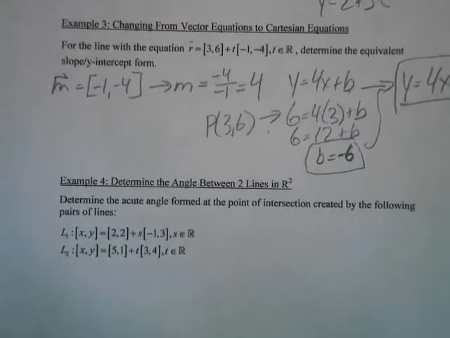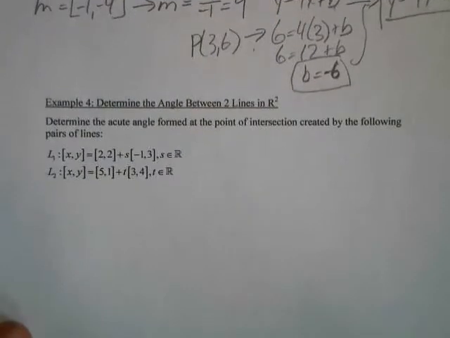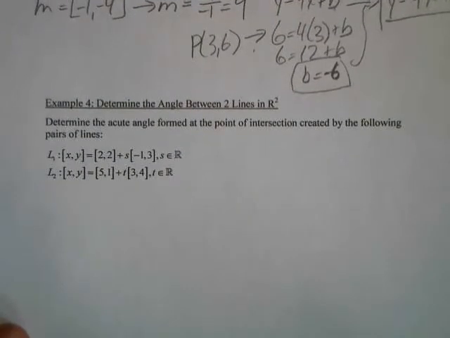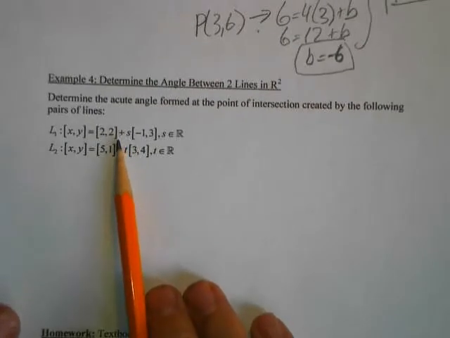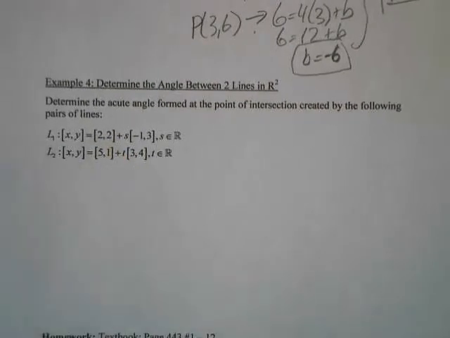Okay, one last thing we're going to do is calculate the angle between two lines. That's what example 4 is looking at. Determine the acute angle formed at the point of intersection created by the following pairs of lines.